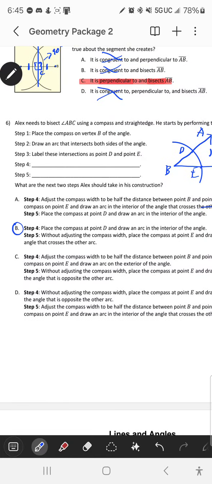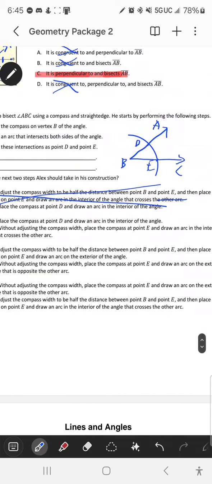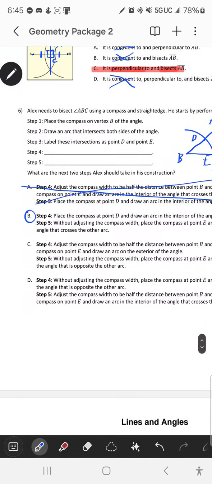Okay, this is basically what I'm looking for, but still, let's read the other options, because it never says we are connected and we need to connect it. Let's see what it says. Option C. I use the compass width to be half the distance between point B and A, and then place the compass at point A, draw an arc in the interior of the angle.